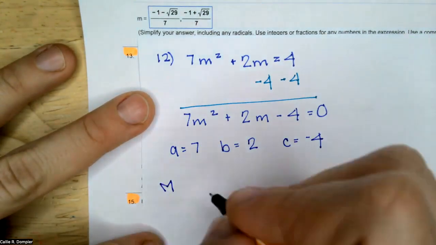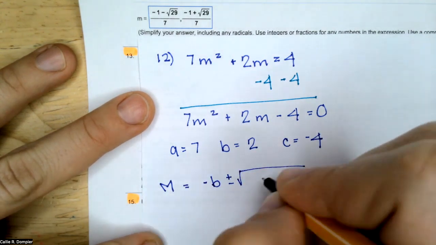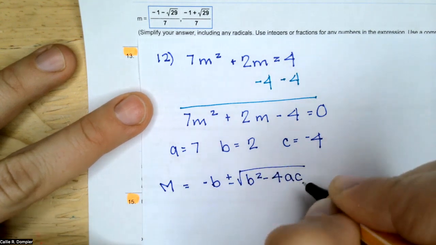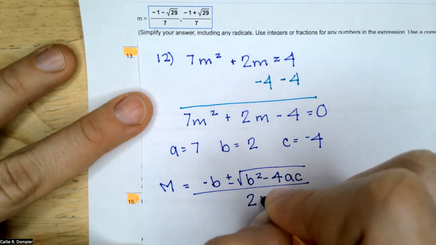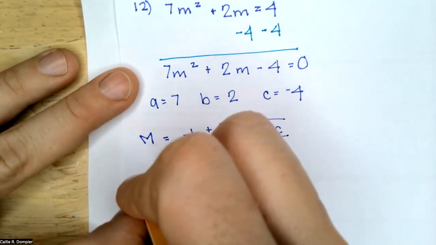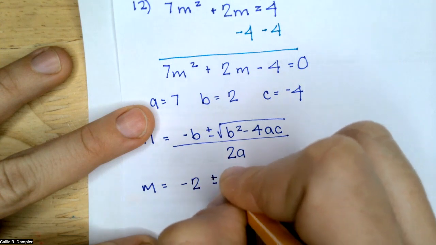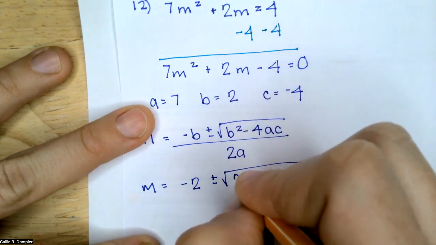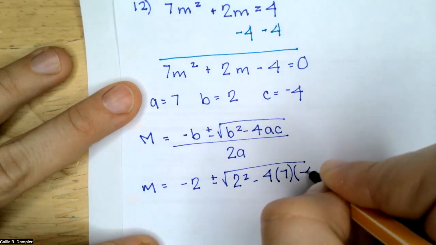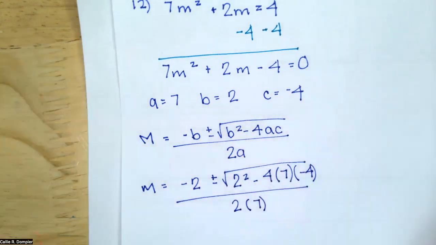M, I'm going to write, M equals negative B plus or minus the square root of B squared minus 4 times A times C all over 2 times A. M equals negative 2 plus or minus the square root of 2 squared minus 4 times 7 times negative 4 over 2 times 7.